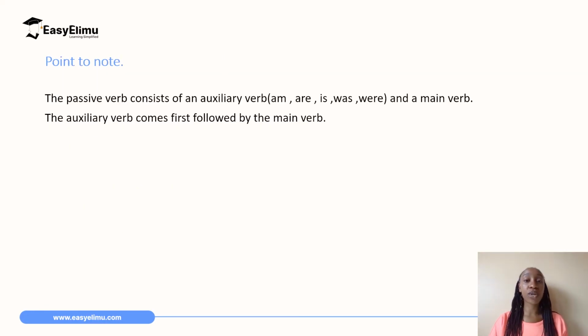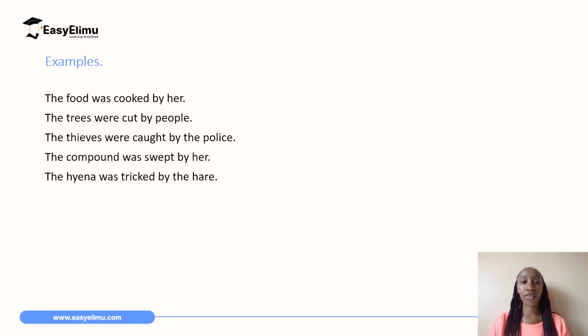So from that one sentence, we have seen that now the verb has a main verb, but also an auxiliary verb or a helping verb like are, is, and was. So the auxiliary verb comes before the main verb. So we are going to have a look at a few examples of sentences in the passive voice for further understanding. So using just the sentences that we had before, the food was cooked by her.